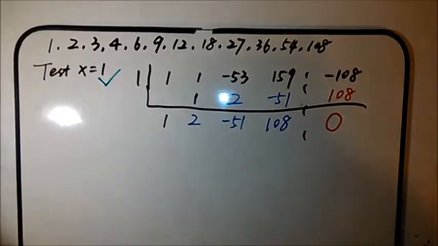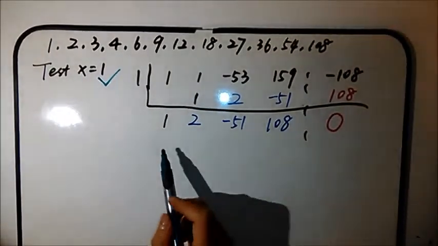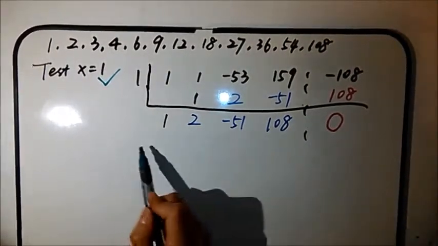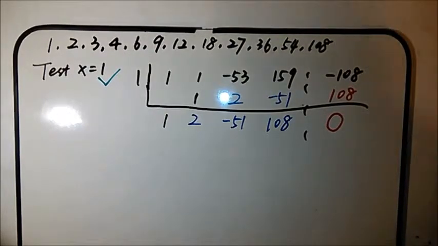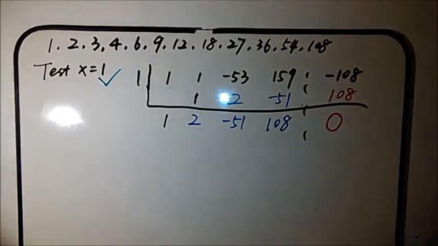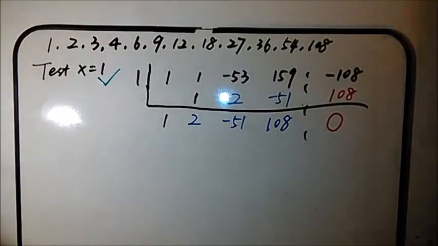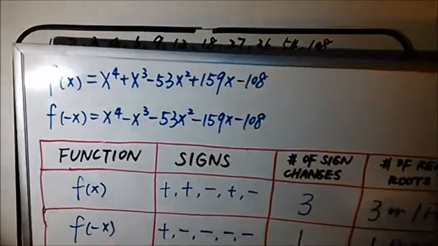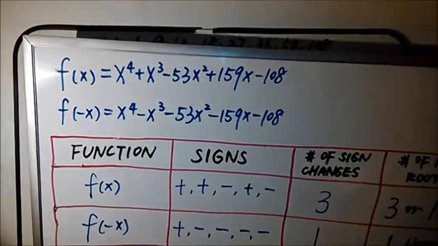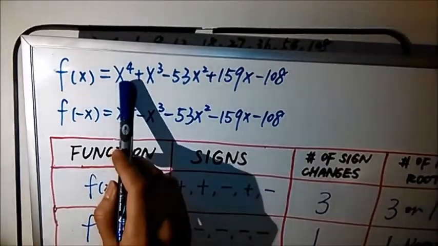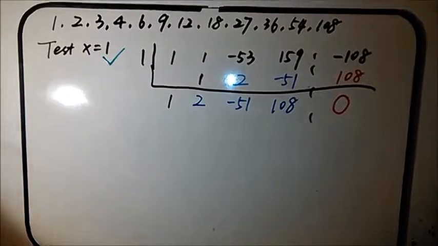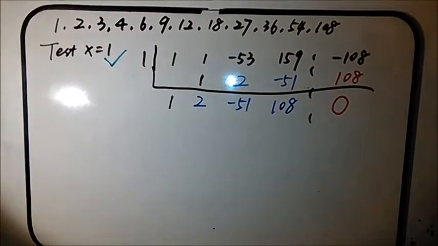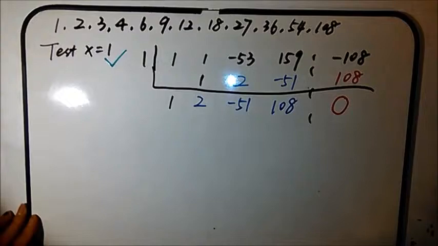So we're going to turn our answer here, which is our q of x, the quotient, into a polynomial. In order to do that, we have to look at the power of the original function, which was a power of 4. So our quotient, using this shortcut, won't be 4, but it will be 3.